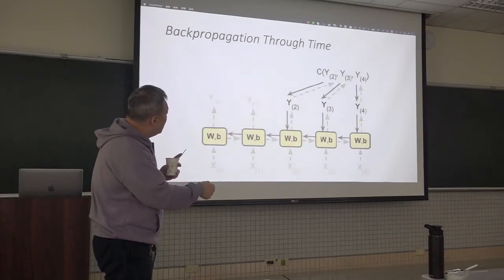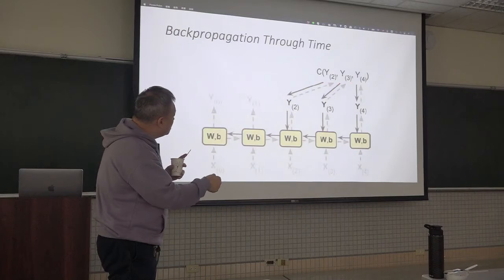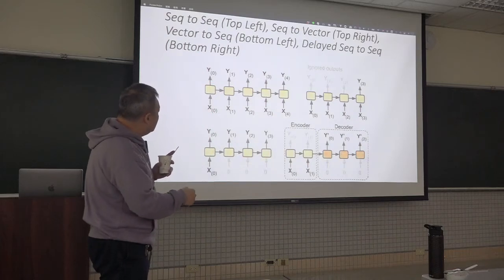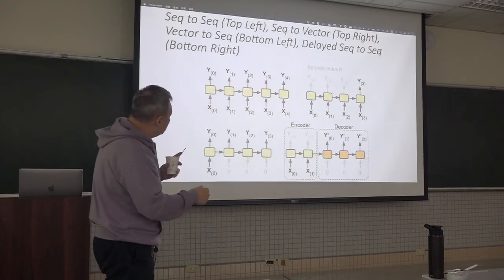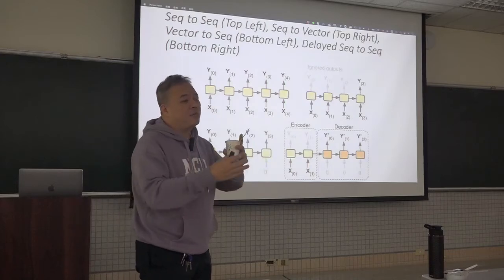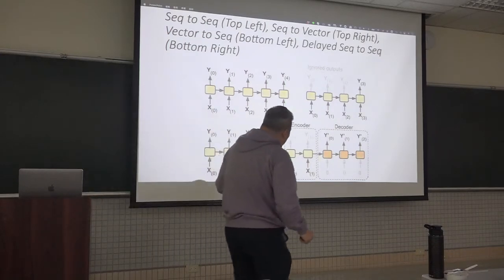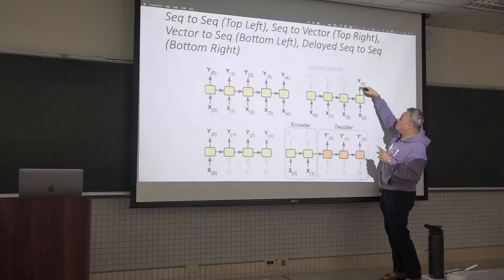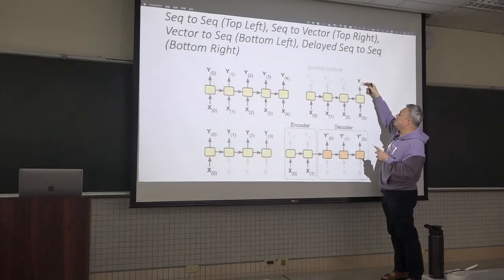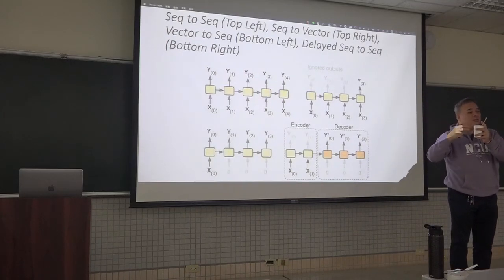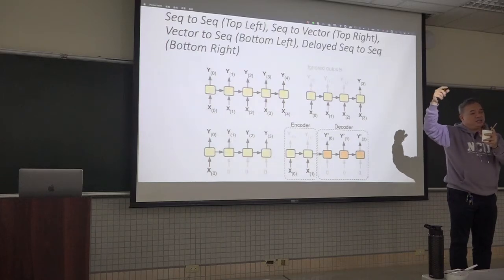Think about this: the cost function depends on which outputs are considered in it. So let's go back to this one. Let's assume we use both models to evaluate a time sequence, say stock price. In this case, only this Y3 will be useful to compare with the ground truth, and you have a gradient to throw back.